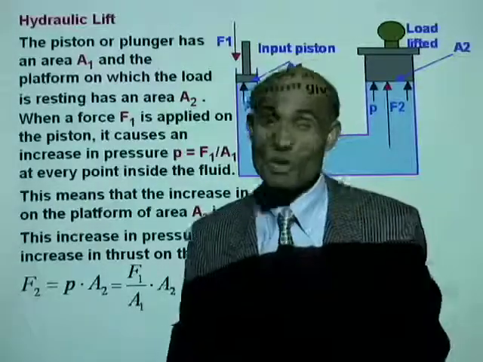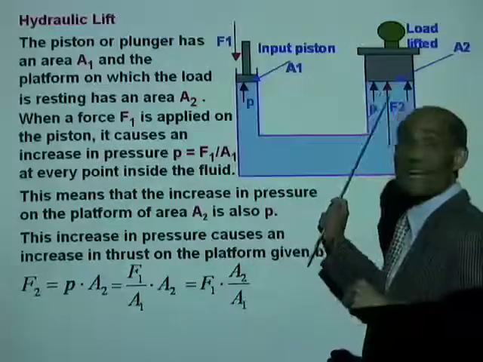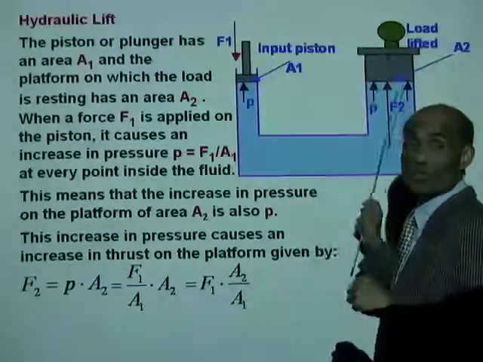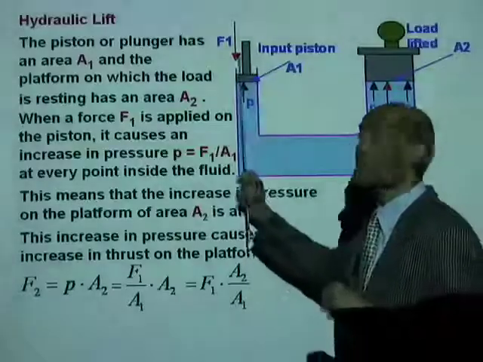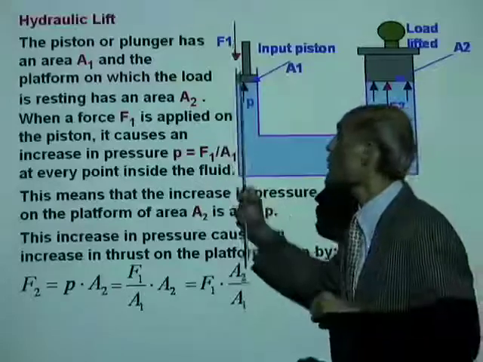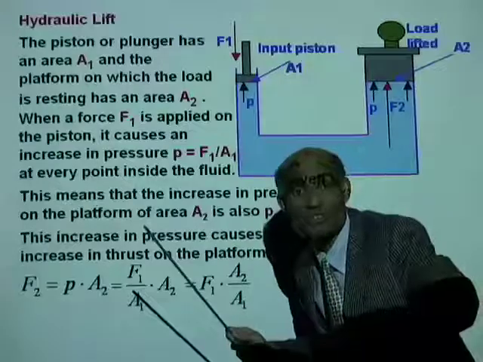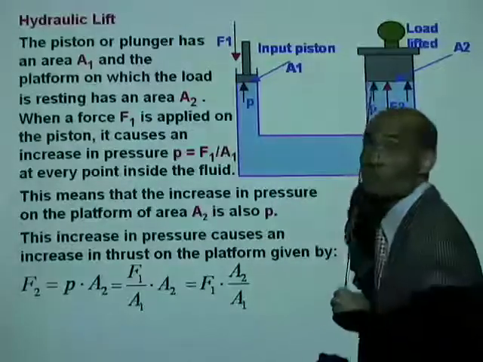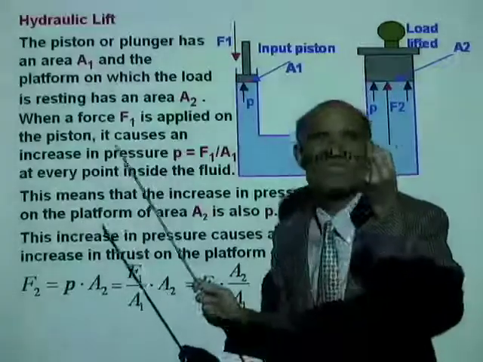Well, if you notice one thing, in order to lift a greater force on the right side, you apply a small force on the left. But this small force has to move through a very large distance in order that you lift this large weight through a very small distance.